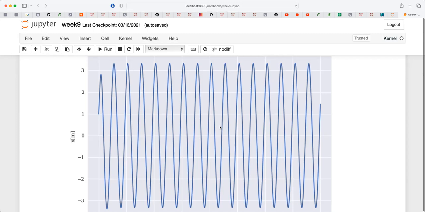The other thing I'd like to say is that if you were to take a pendulum, then you would have something which would be non-linear in x. You would have a sine times x something. And then you cannot find an analytical solution. So the harmonic oscillator case is actually a case where we have analytical solutions.